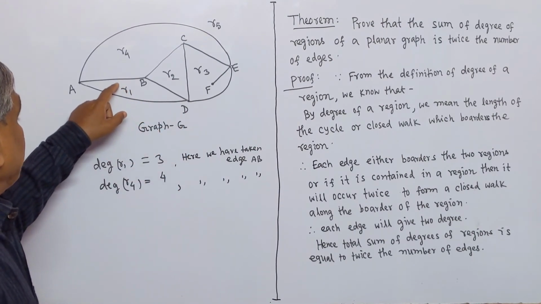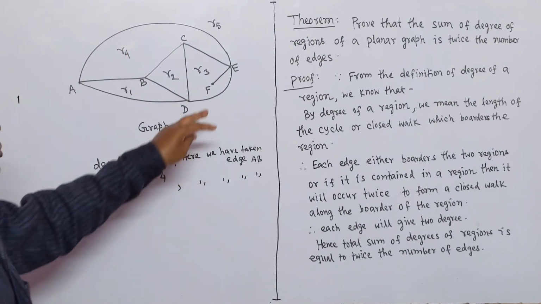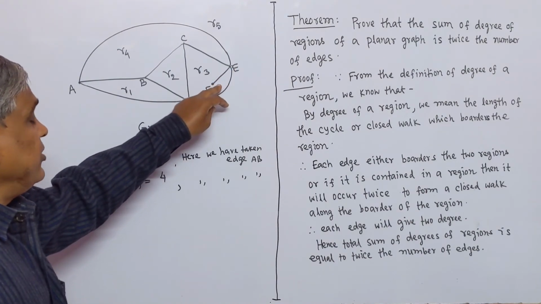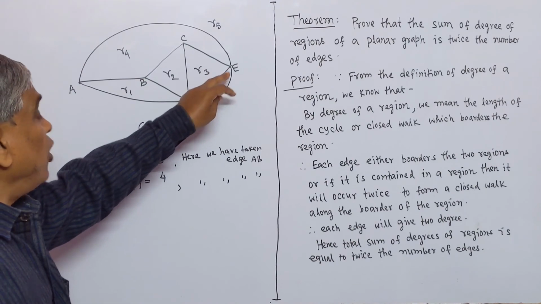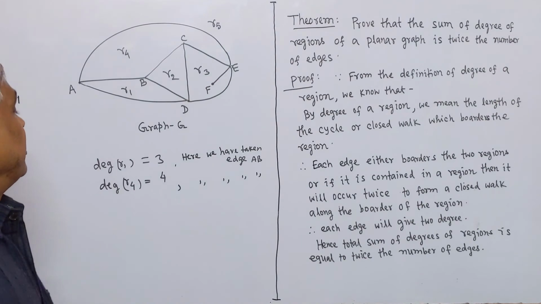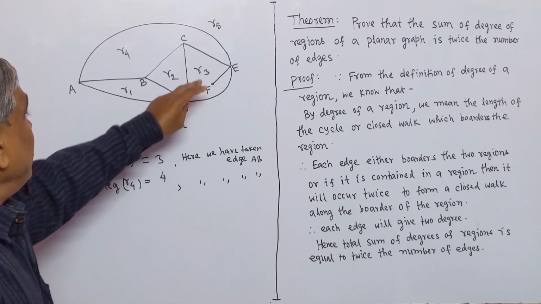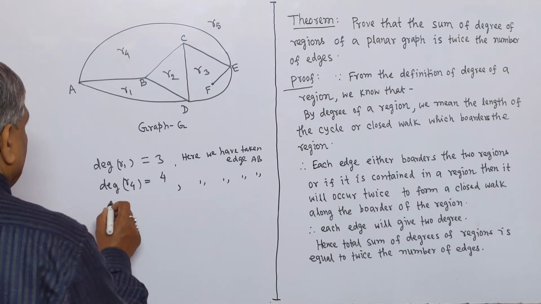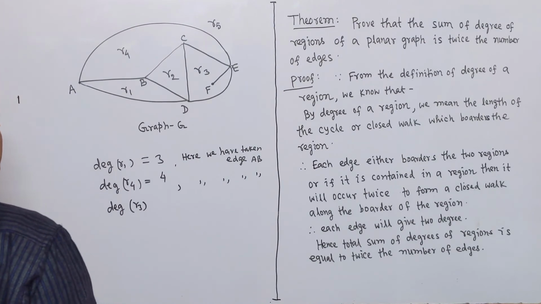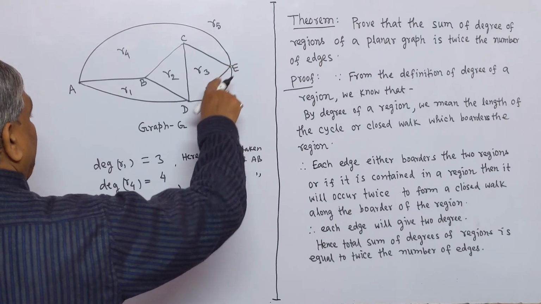if it is in the border of two regions. But here we see that EF is an edge which is not in the border of two regions, but it is contained in a region. So when we find the degree of region R3, we count the edges for the closed walk.